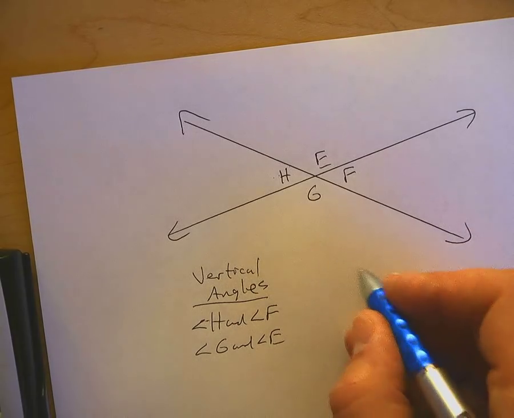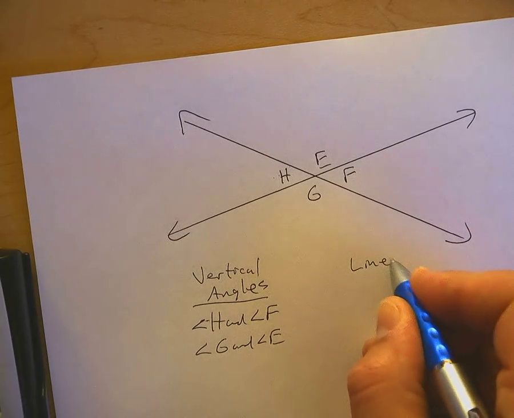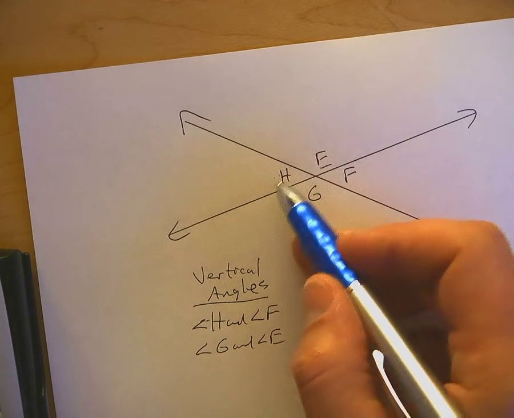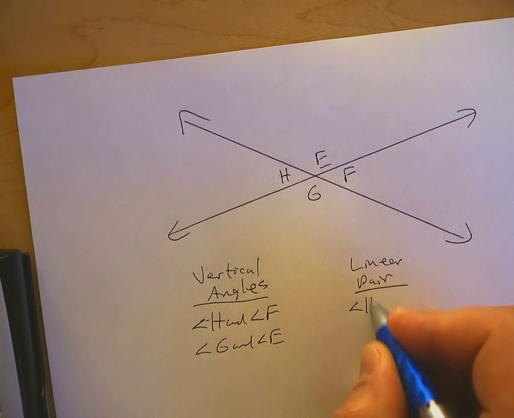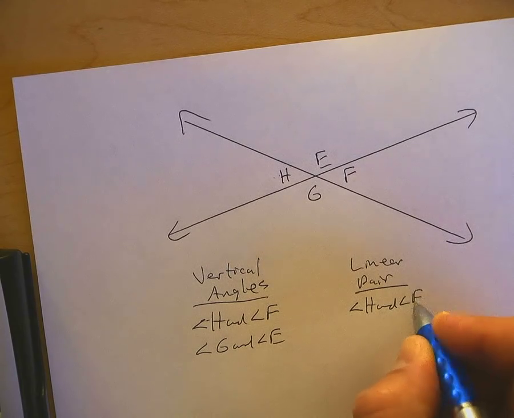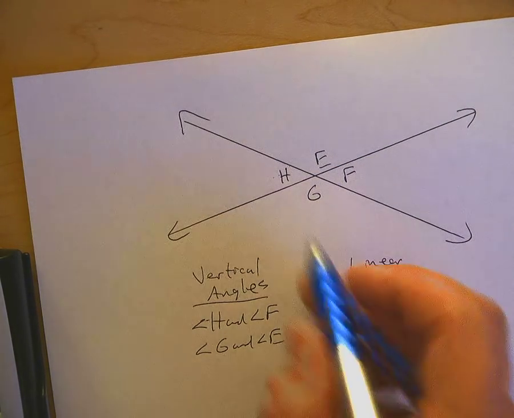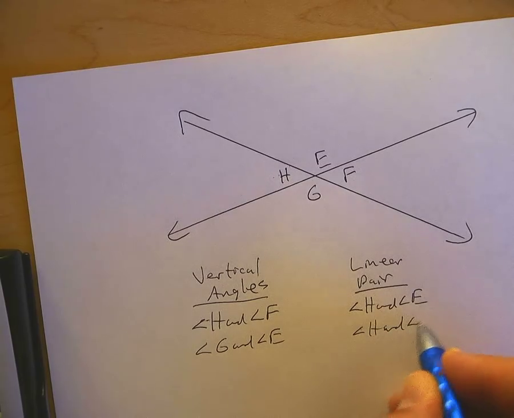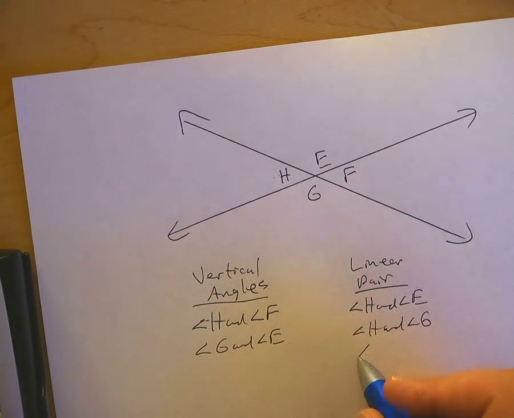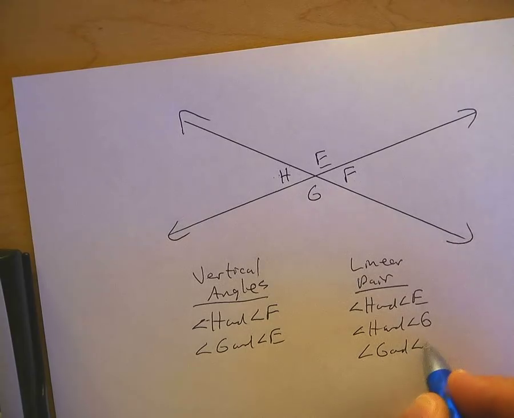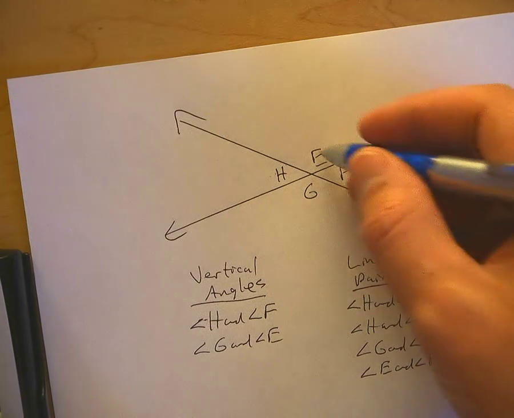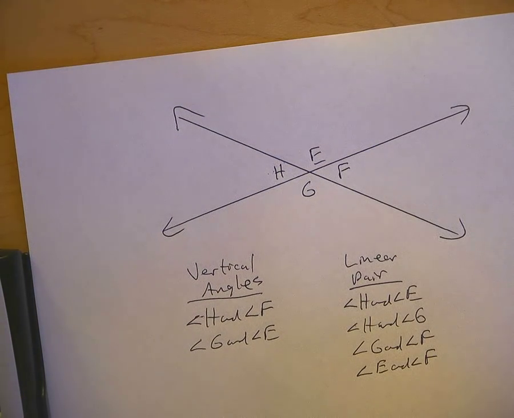Linear pairs. There are quite a few of those, right? They're next to each other along a line. So it would be angle H and angle E. Those are a linear pair. Angle H and angle G. Angle G and angle F. And angle E and angle F.